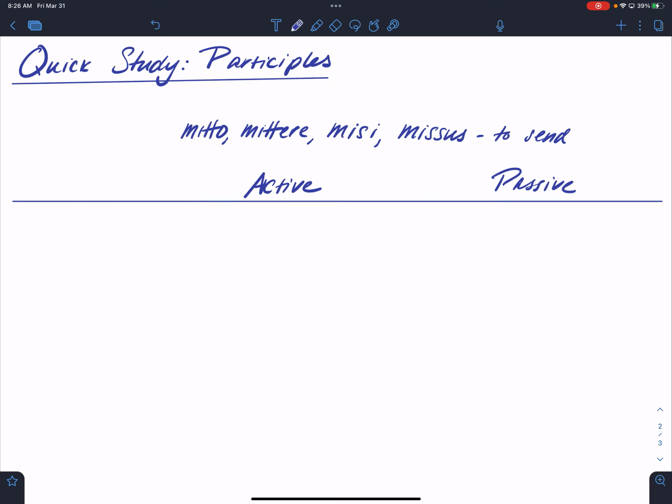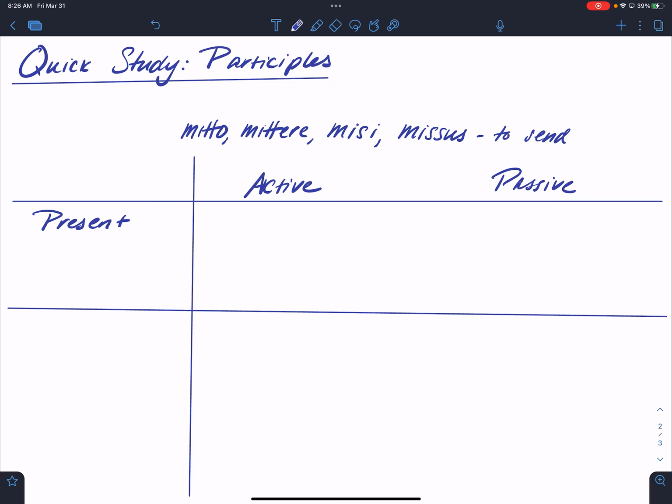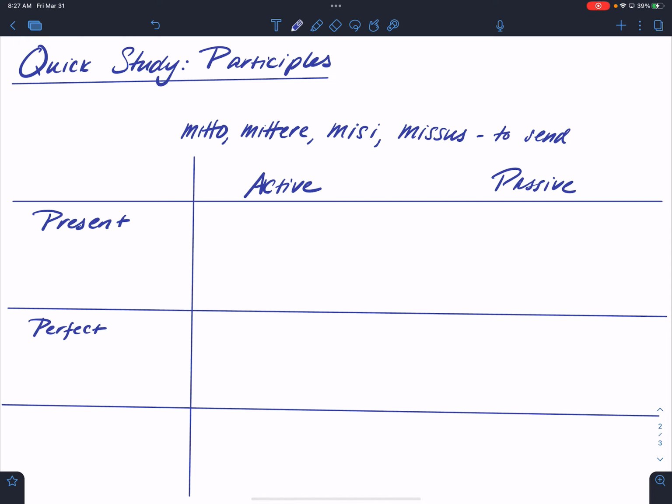Okay, now, our rows are going to be present, perfect, and future.